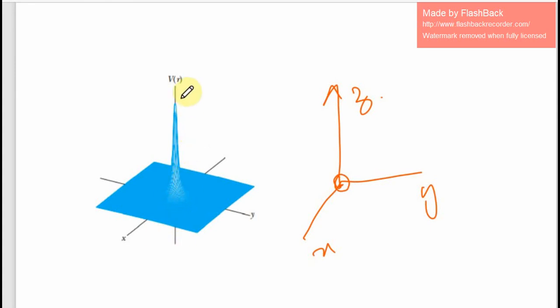So the potential is plotted vertically; it should be positive, and it is pointed vertically here. You can see that the magnitude of V increases as r approaches 0.